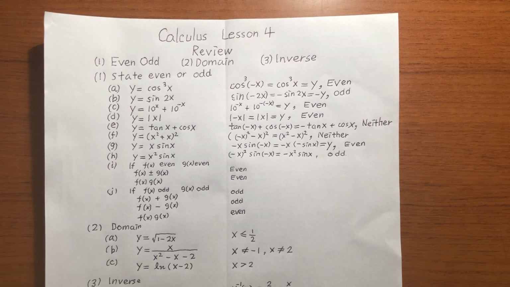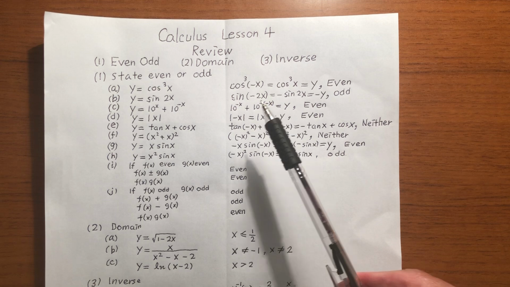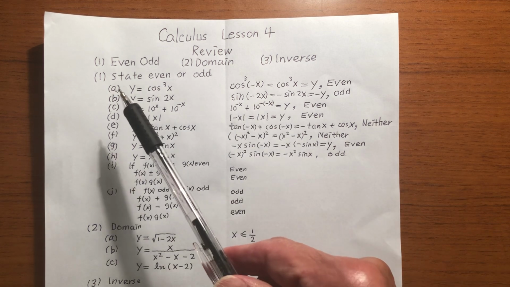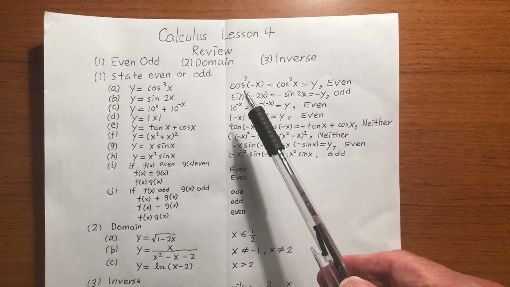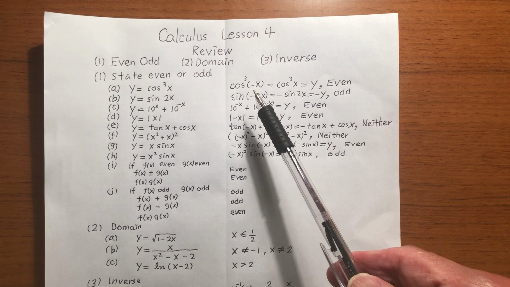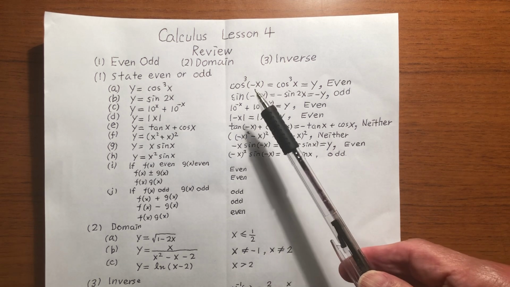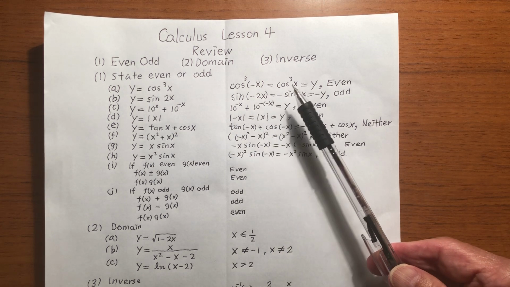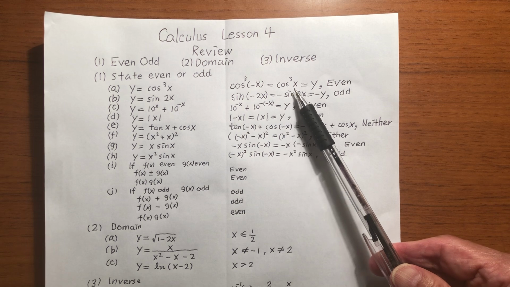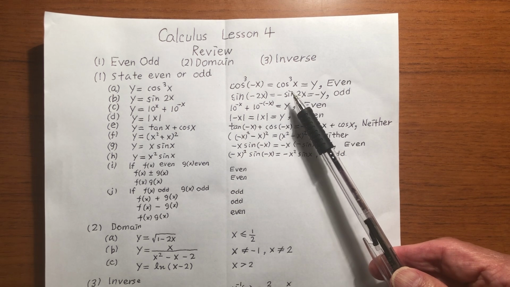If the result is exactly the same as the original function, it is even. So here is the work for part A. The solution is clearly written, and I'm sure you can follow the solution.